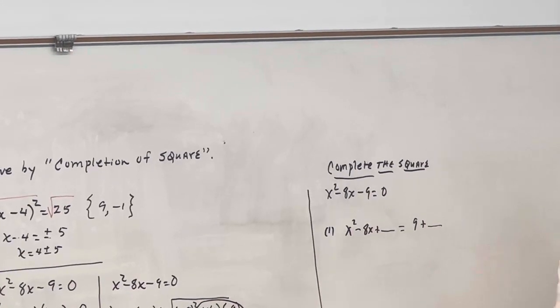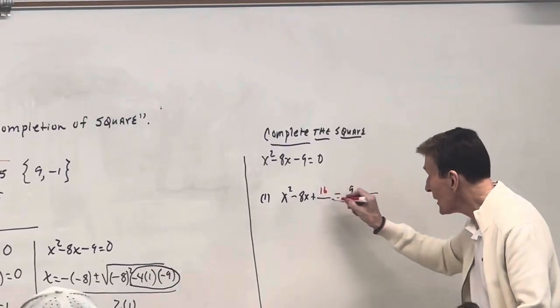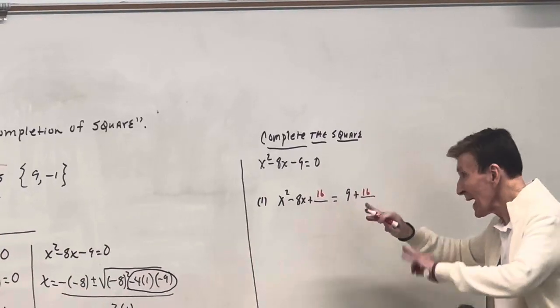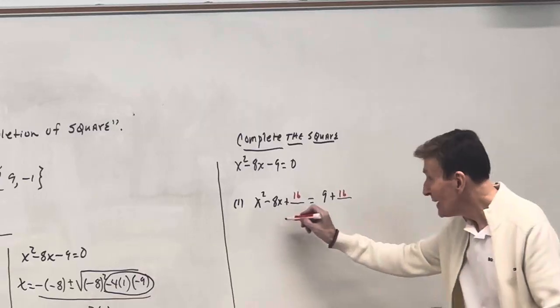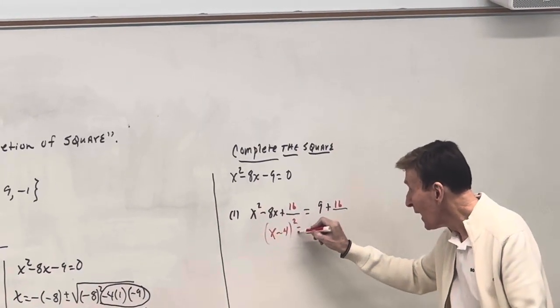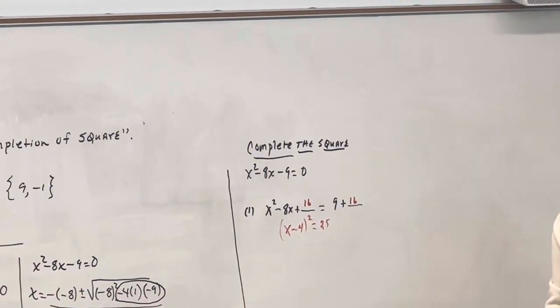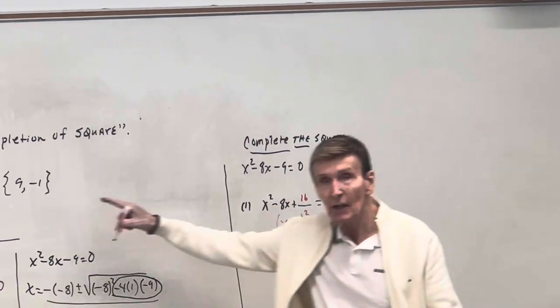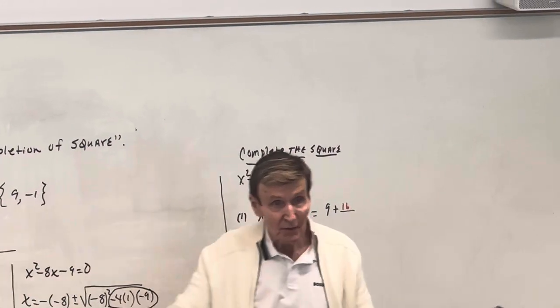And she says, Professor, you need a 16 here. But if you place it here, you have to place it here. Keep it balanced. Would that now take me back to this, and then I could deal with it again and get the same answers? Is that true?